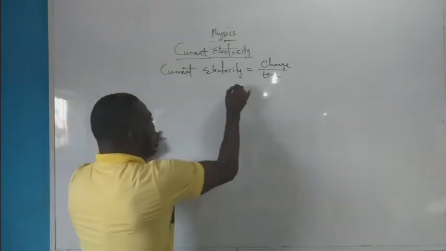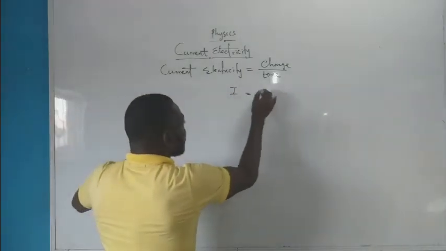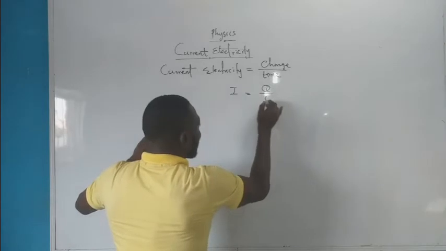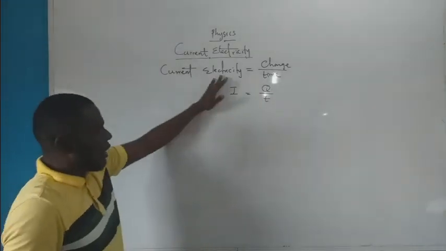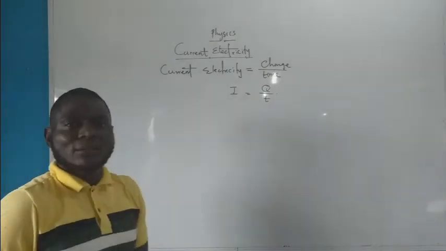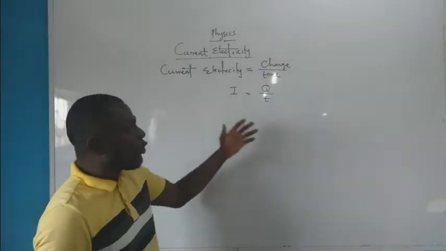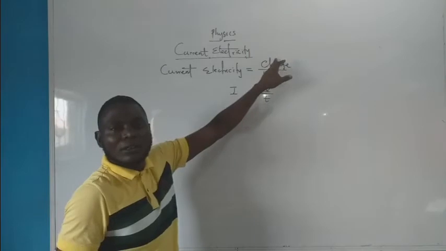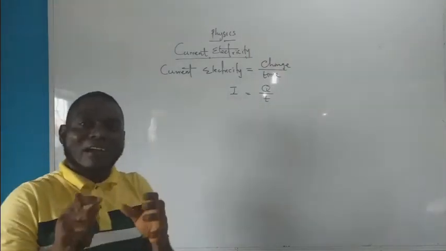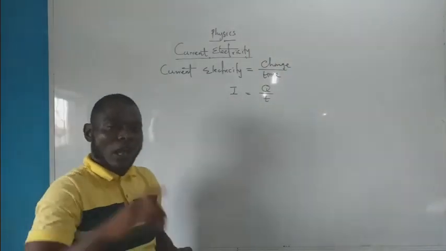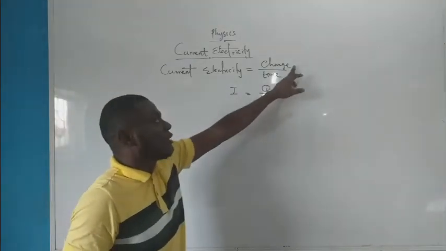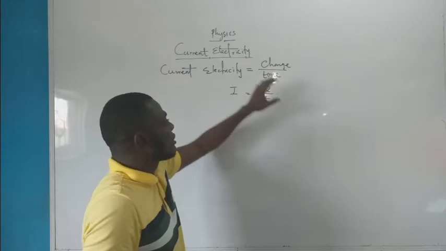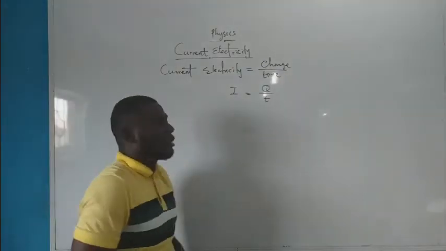Current equals charge over time, which can be given as: current is the rate of flow of charge around a circuit.